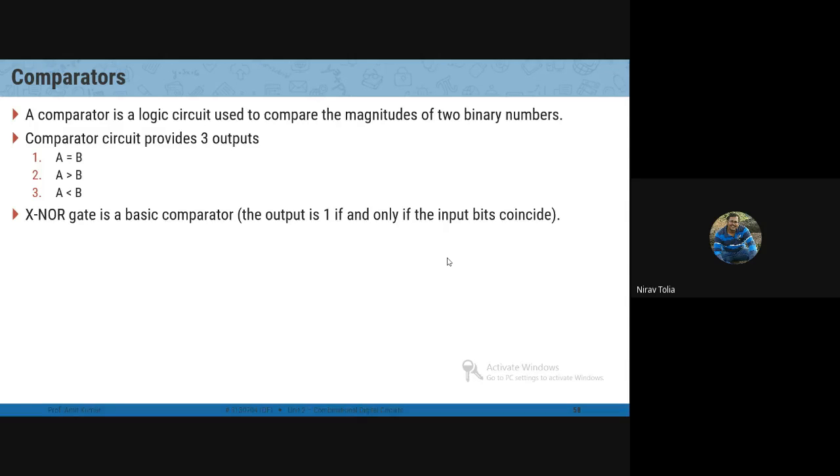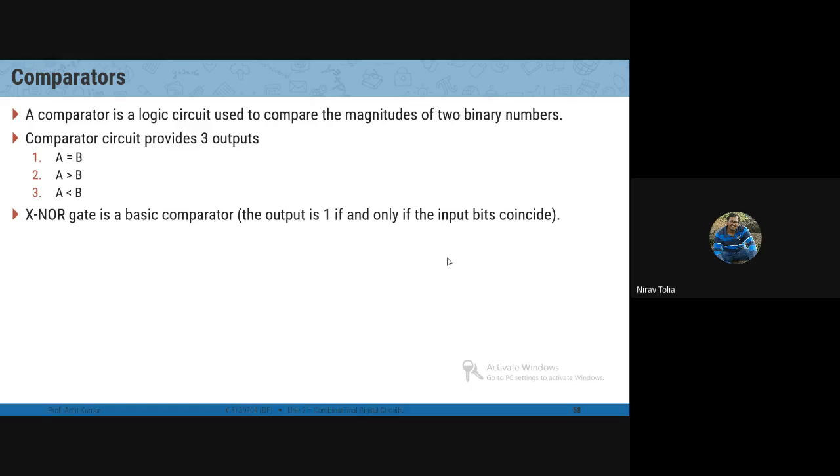The XNOR gate truth table is: for 0 0 the output is 1, for 0 1 it is 0, for 1 0 also it is 0, and for 1 1 it is 1.